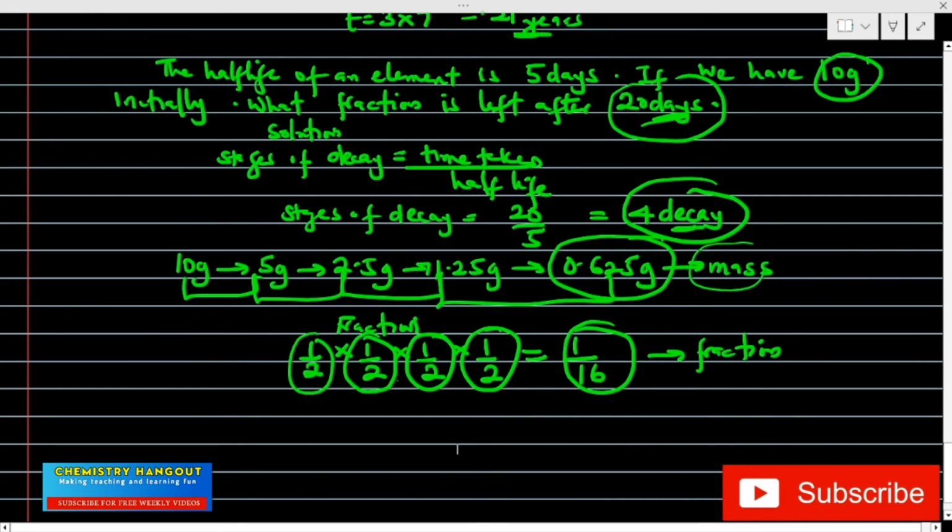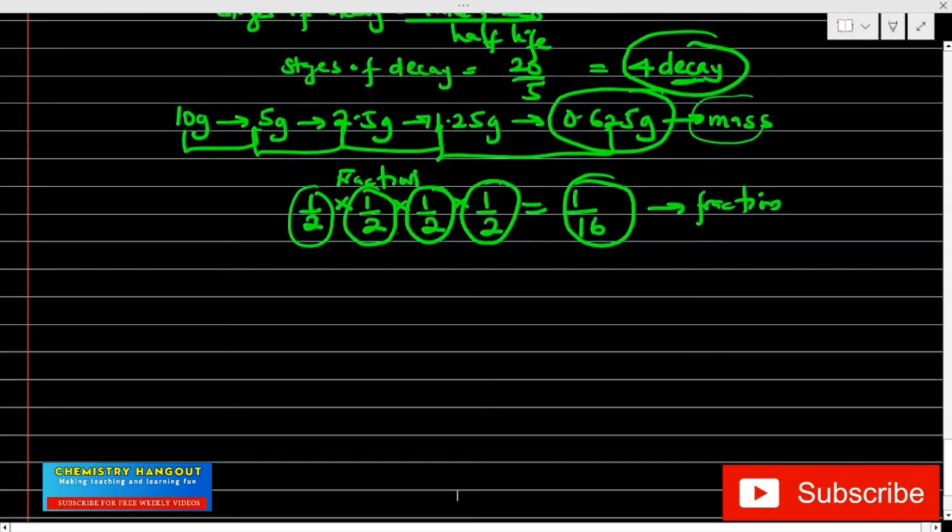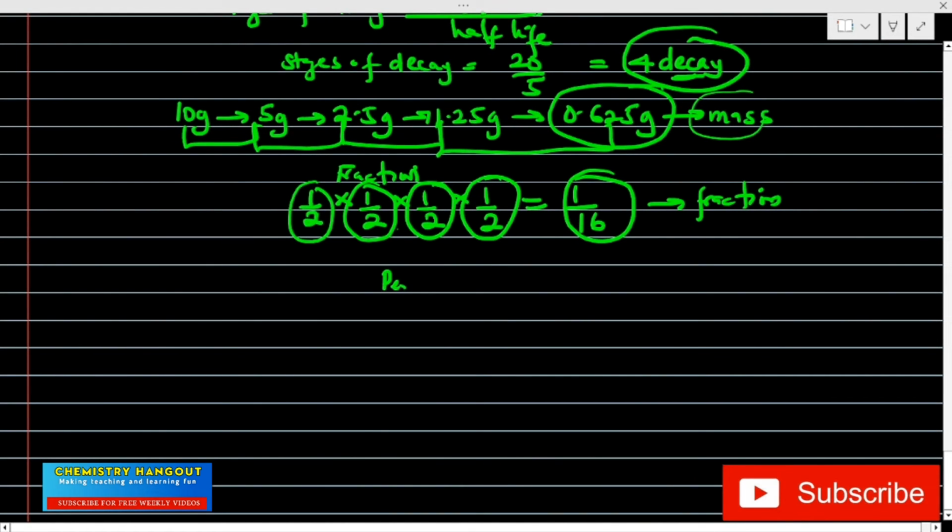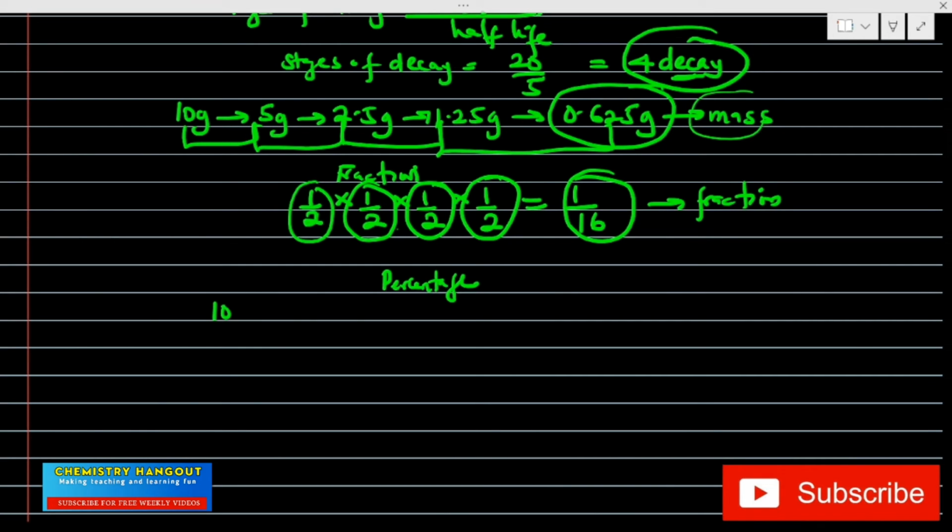Let's say, for example, the question is in percent. We already know the number of decay. Percent means from 100, which is the initial amount, to 50%. From 50% to 25%. Can you see that? From 25%, divided by 2, that will be 12.5%. 12.5% divided by 2 will be 6.25%.